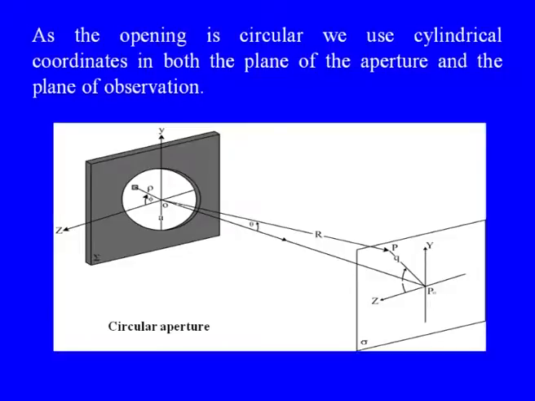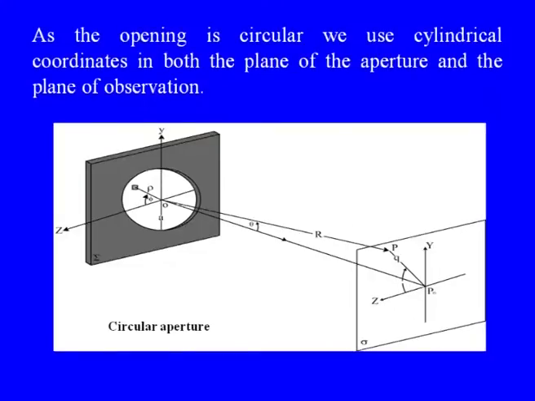Now, as the opening here is circular, we use cylindrical coordinates in both the plane of the aperture and the plane of observation. For small y and small z in the aperture, we use rho and phi, and here for the point P where the intensity is to be calculated, for capital Y and capital Z, we use Q and capital Phi.